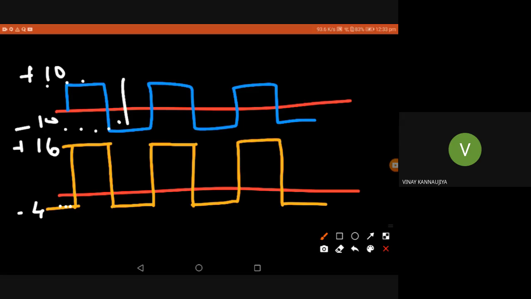Initially the total from minimum point to maximum point was 20 volt. Here also it is 20 volt. So I have shifted the symmetrical or middle point of my input to a higher voltage. How much is it shifted?